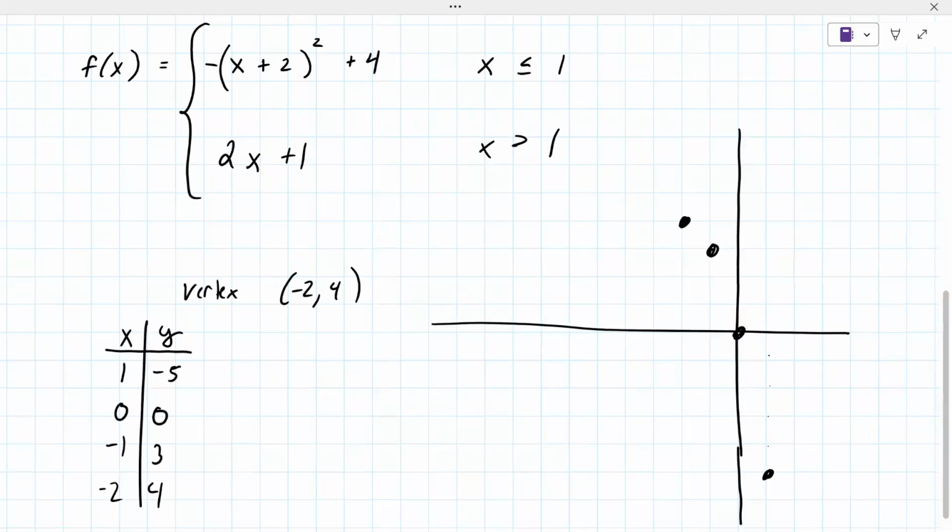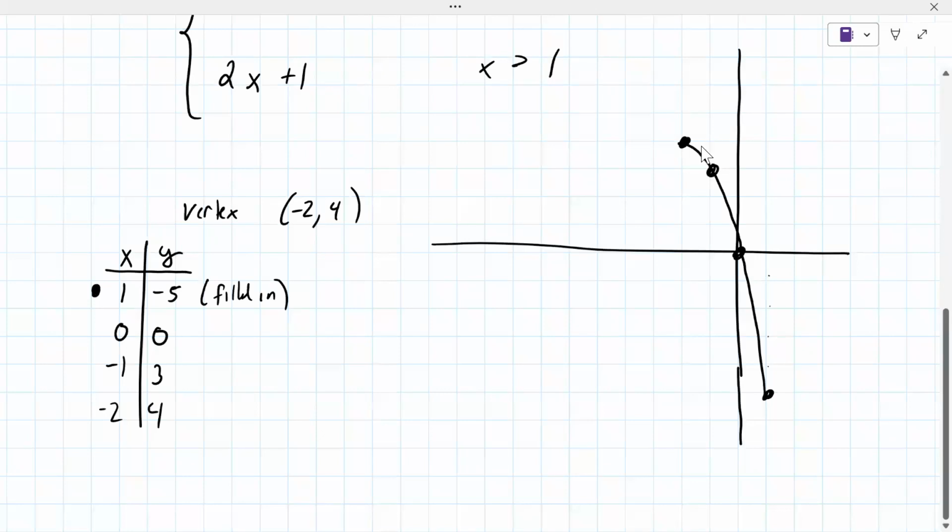Now, it's important that you recognize that this one is good for x less than or equal to 1, and that it's a filled-in circle there. And then it's kind of coming back going the other direction. Now, you can use symmetry to find the other values, or you can make the table. What do you think you would do on the test or the quiz? Symmetry.